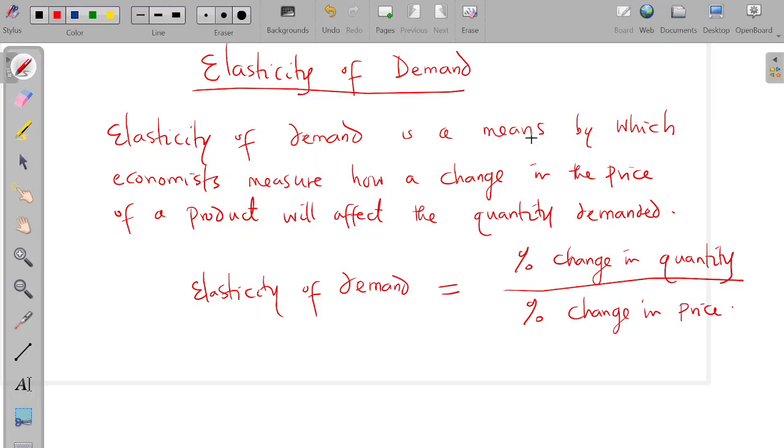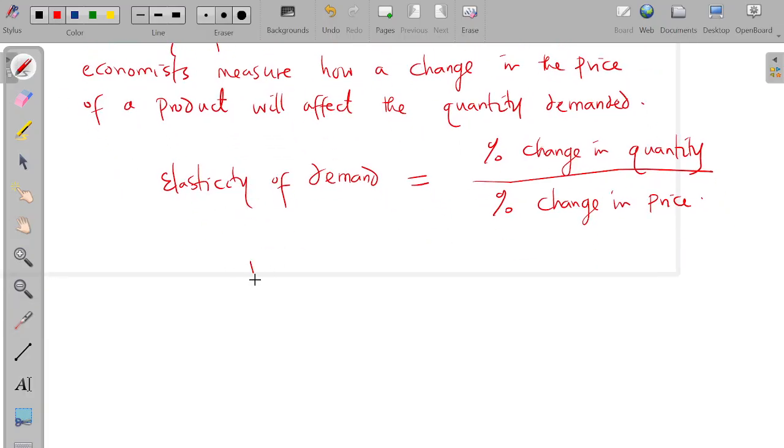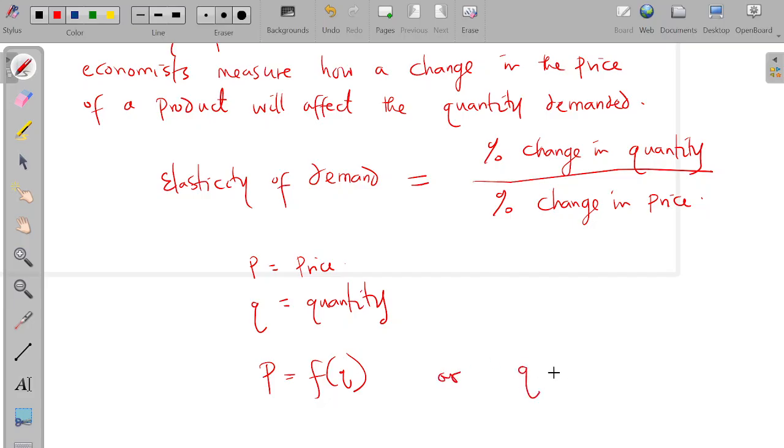Okay, so if P is price and Q is the quantity, we can have the demand function given as P as a function of Q, or we can also have Q as a function of P.